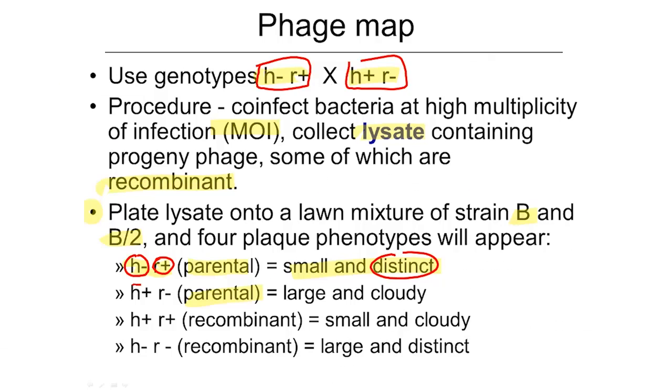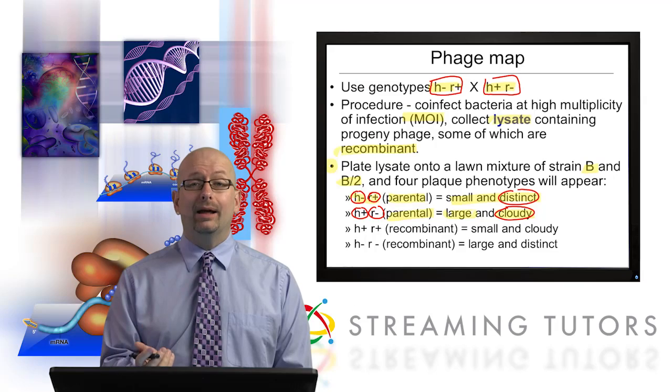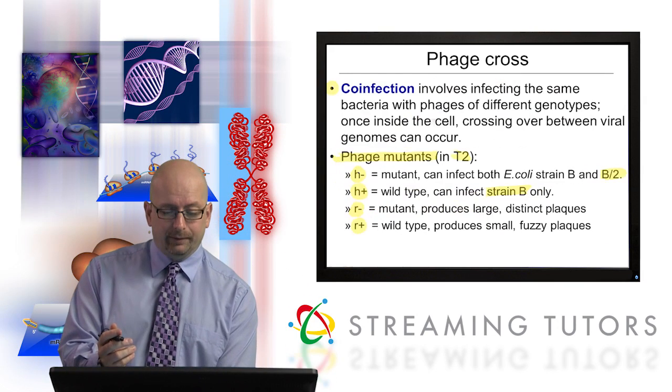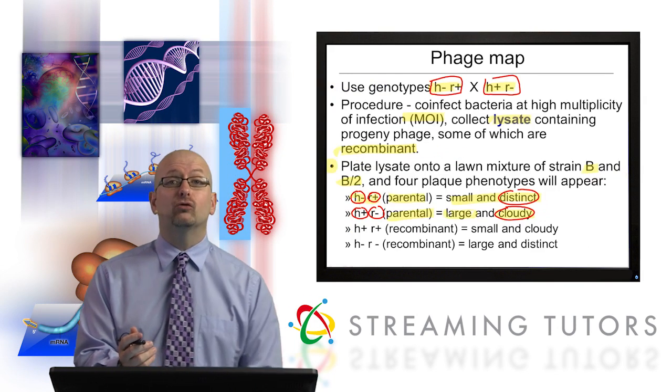The other parental, H plus R minus, the R minus is responsible for the large size of the plaque, but also, if it's H plus, the reason it's cloudy is because on this lawn, the wild type with respect to H plus, let's go back and look, H plus can infect strain B only.